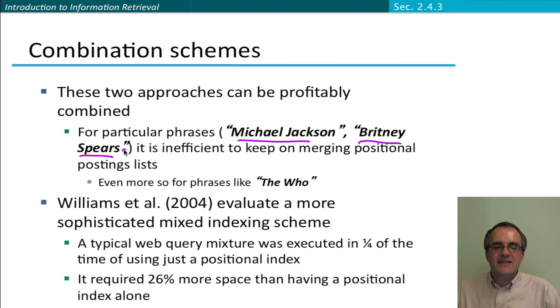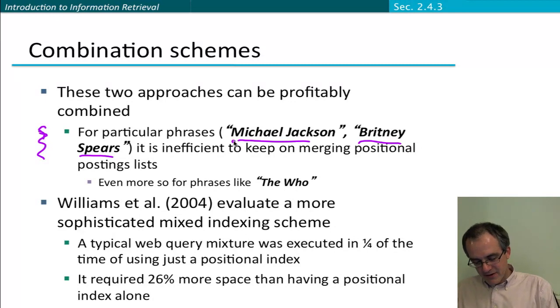If we just treat those as regular positional phrase query postings list intersection, we'd have to keep doing this intersection over and over again every time someone sends that query. And it's bad for cases like Michael Jackson.